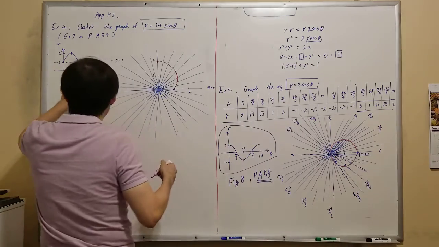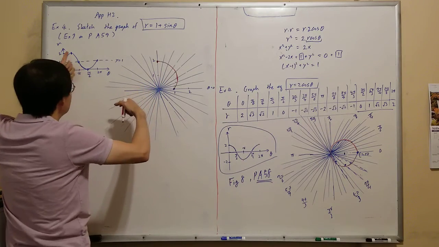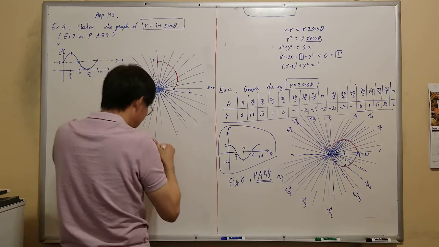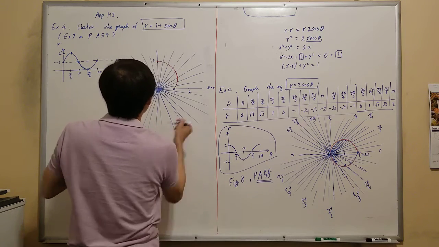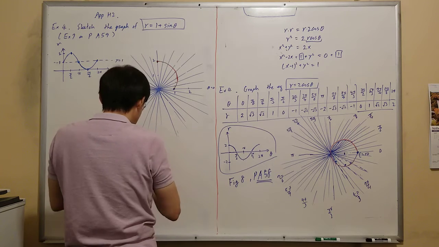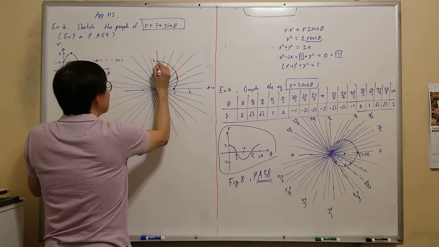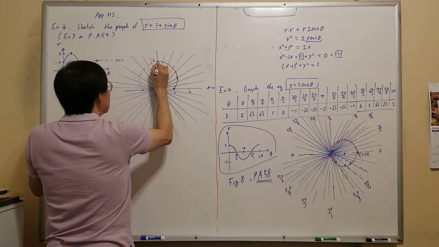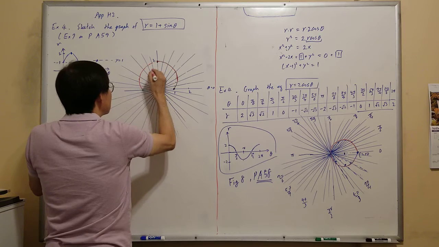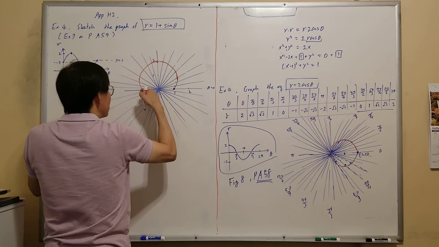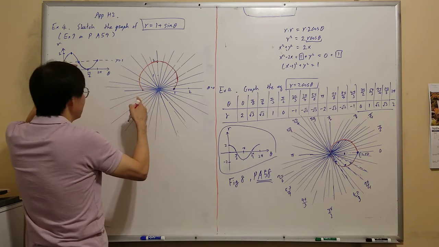And then from pi over 2 to pi, your distance r goes down from 2 to 1. So length is now getting shorter and shorter, up to 1.